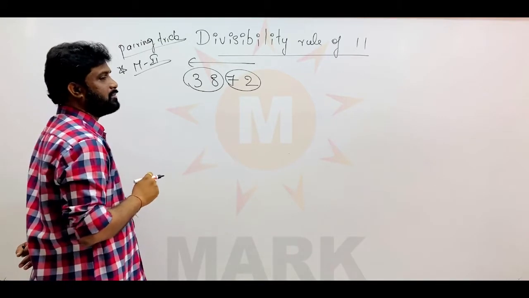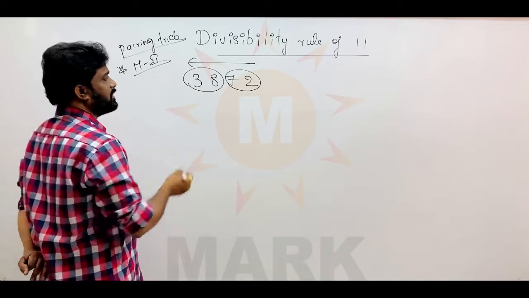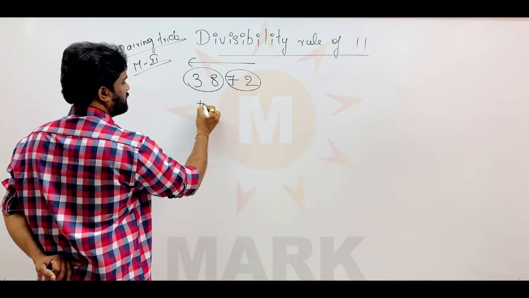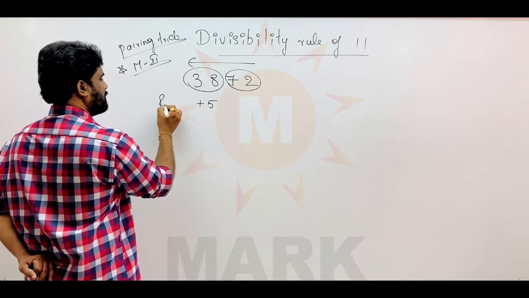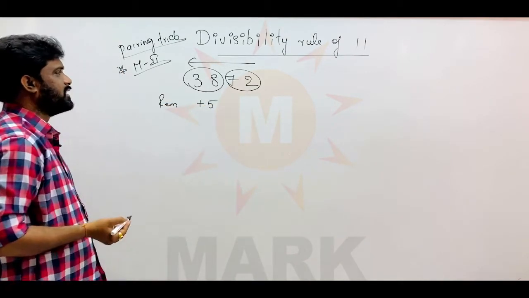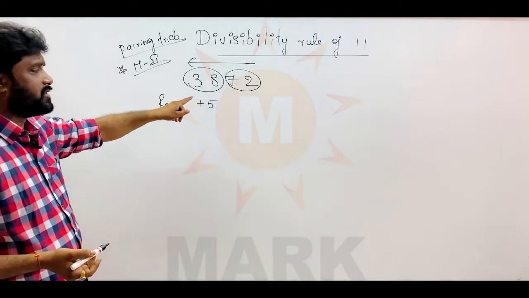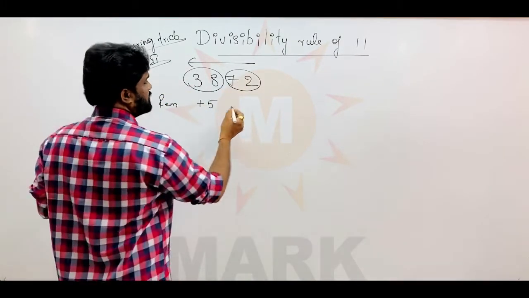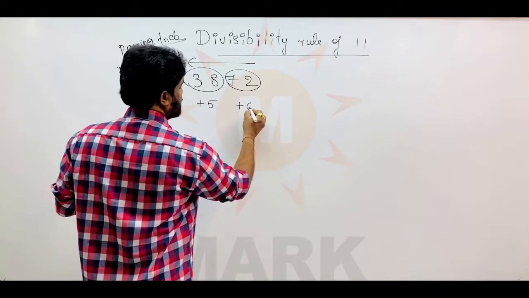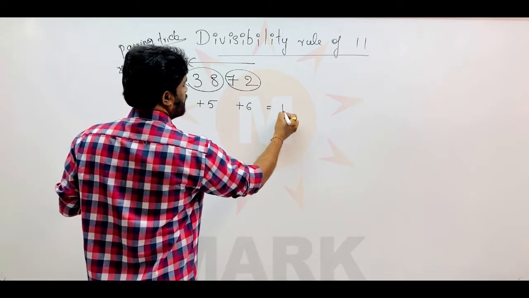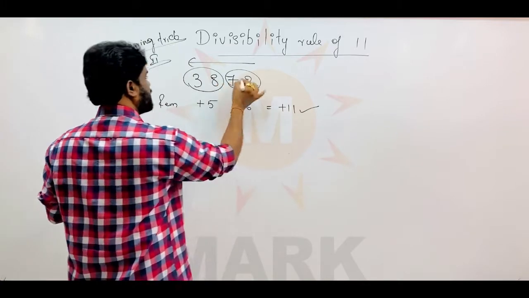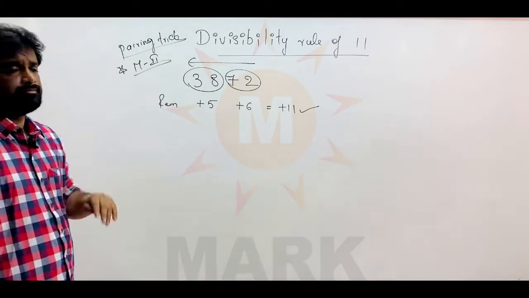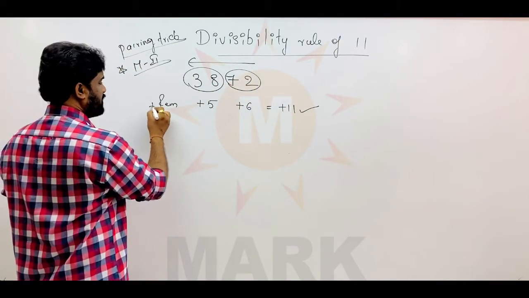What is the positive remainder of 38 when we divide it by 11? It is plus 5. Now 72 divided by 11, what is the positive remainder? Plus 6. Add these numbers and you will get plus 11. That means this number is divisible by 11. Now you can take the negative remainders also.